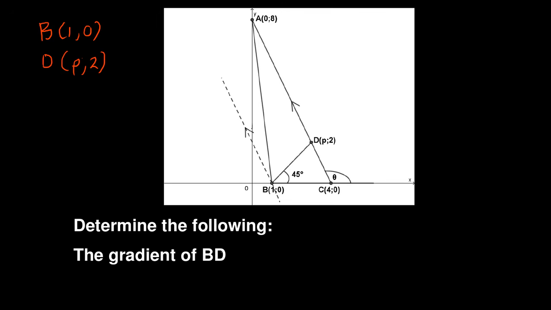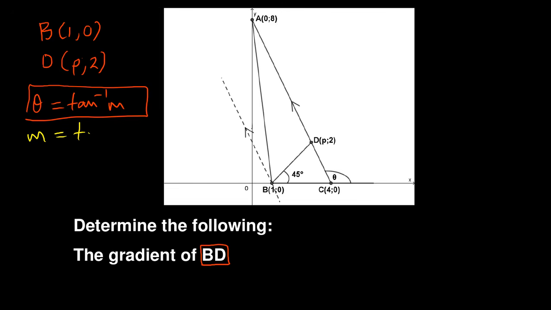So already you can see that you can find the gradient of BD using the formula which says theta is equal to arc tan M. If you refer to your formula sheet, you will find this formula, and you can rewrite it as M is equal to tan theta. In the formula sheet it's given like that, but you can now rewrite it as that.